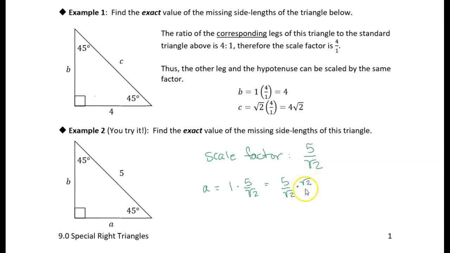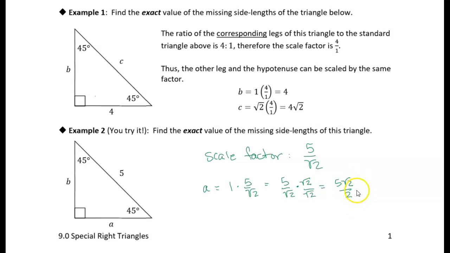So it's common in mathematics to rationalize a denominator, and we can do that by multiplying by square root 2 over square root 2, which is just 1, right? So we're not really changing the value, we're just changing the form of this value. So an equivalent form is 5 square root 2 over 2. So if you were actually trying to calculate that by hand without a calculator, it's easier to take 5 times the square root of 2 and divide by just a simple 2.